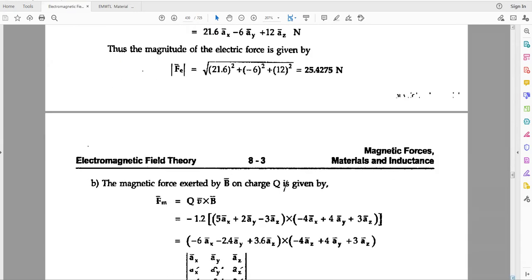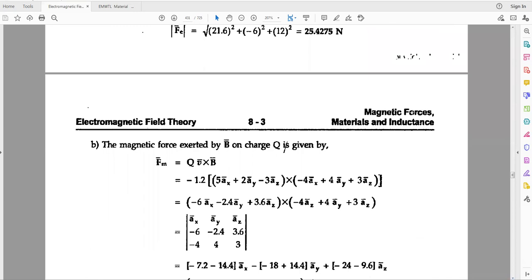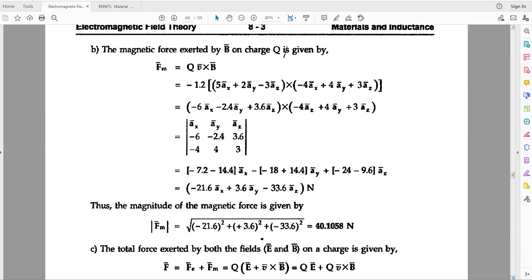And similarly for B, they're asking F bar is equal to Q into V bar cross B bar, which is the formula for the magnetic force. The magnetic force exerted by B bar on the charge Q is Q into V bar cross B bar. What is the V given? This is the velocity 5ax bar plus 2ay bar minus 3az bar. It is not a multiplication, my dear students.